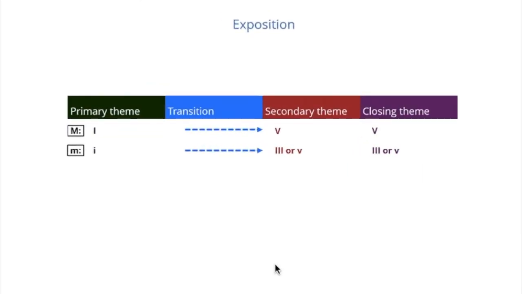Now that we've reviewed the exposition section of the sonata form, we will continue to discuss the next section, the development. To quote the authors of our textbook, "Unlike the exposition or the recapitulation, the musical events of the development are more flexibly patterned."